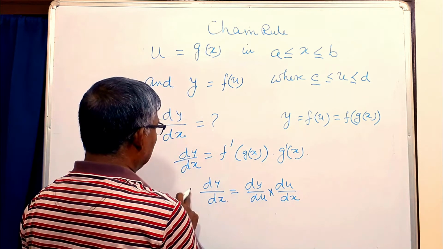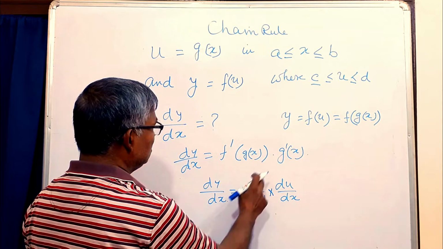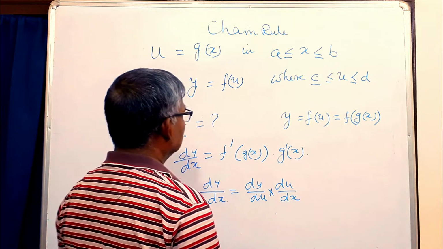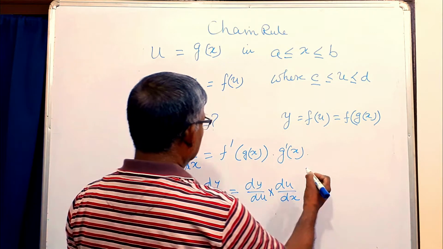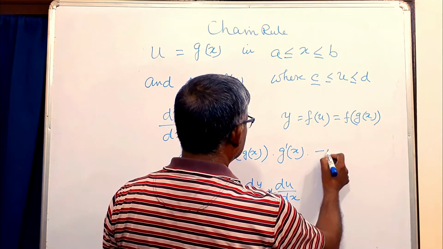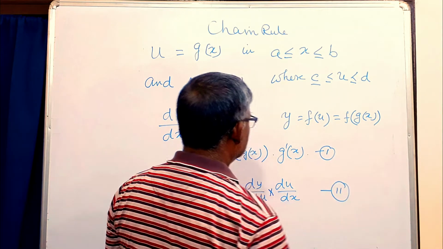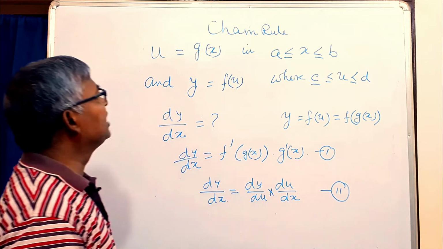So what is the value of dy/dx? It is equal to dy/du into du/dx. So students, you may apply this or you may also apply this. This is called chain rule.